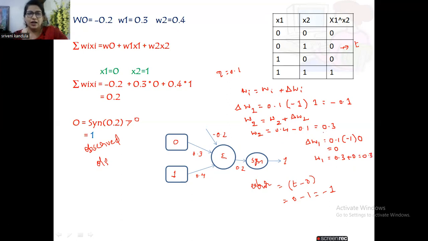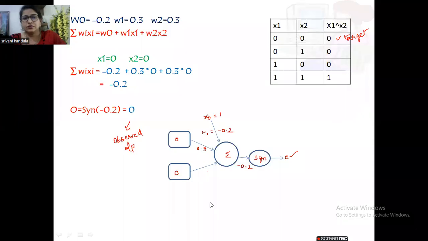Now let us check with these new weights whether our perceptron will work correctly and produce the target or not. Since we modified our weights, once again we have to start training the network again.